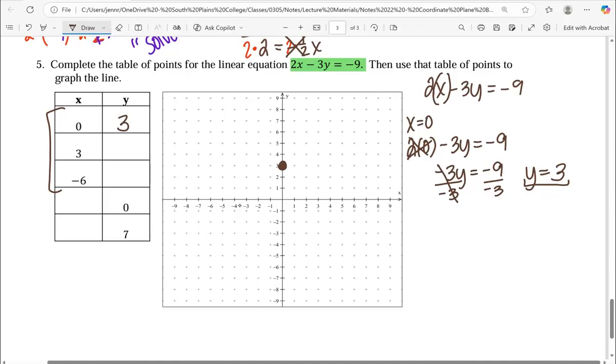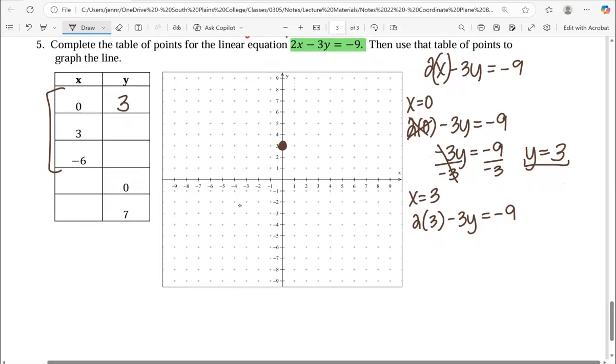Next up, let's plug in 3. So if x is 3, I plug it in. 2 times 3 minus 3y equals negative 9. 2 times 3, I always multiply first, is 6. That simplifies my life. And then I'm going to subtract that 6 to the other side, giving me negative 3y equals, those are both negative, so add them up, negative 15.